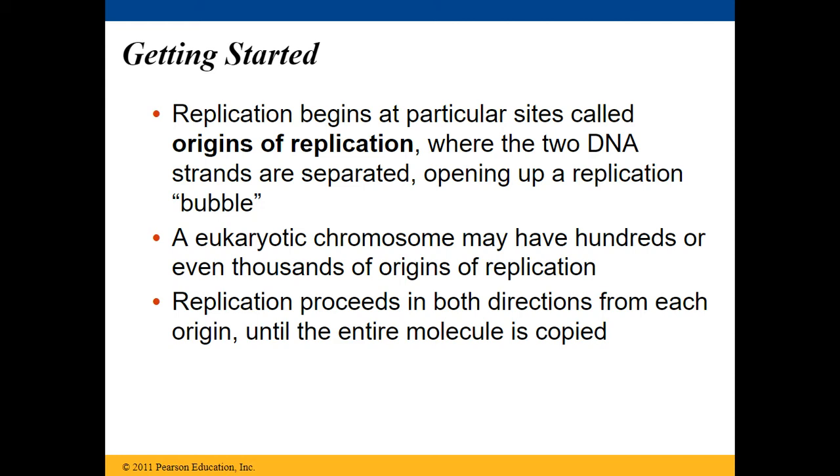In a eukaryotic chromosome, we can have hundreds, if not thousands, of origins of replication. But in prokaryotes, like a bacteria or an E. coli, they can only have generally one, sometimes two. Replication does proceed in both directions at the same time until the entire molecule of DNA is copied.